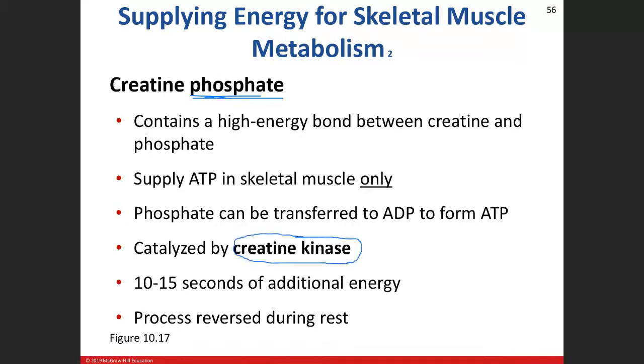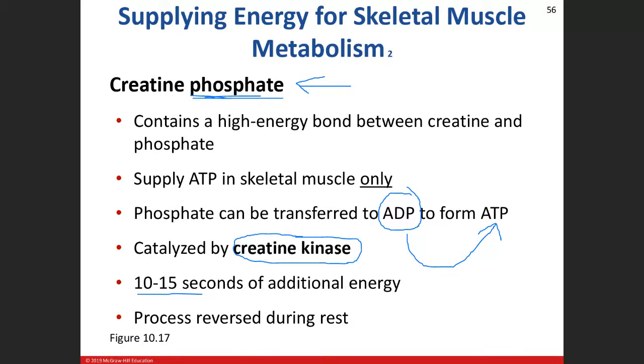There's that kinase word again. It's an enzyme that takes phosphate off one molecule and sticks it onto another. So we're going to take the phosphate off this creatine phosphate and stick it on an ADP, and guess what? We get ATP. How do you like that? So that's cool. This will give us about 10 to 15 more seconds.